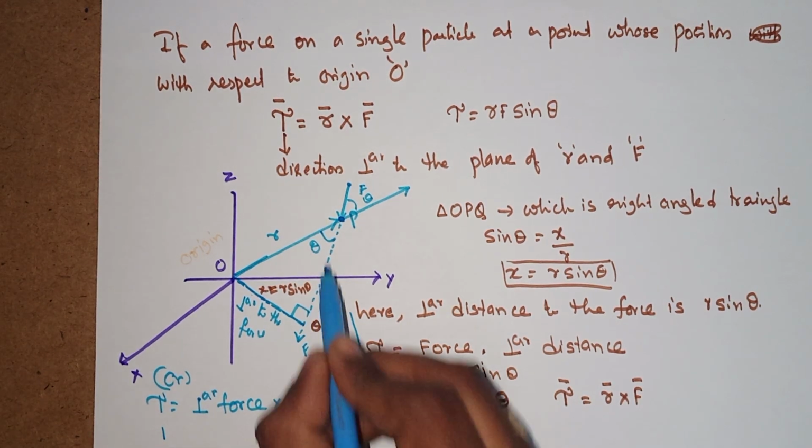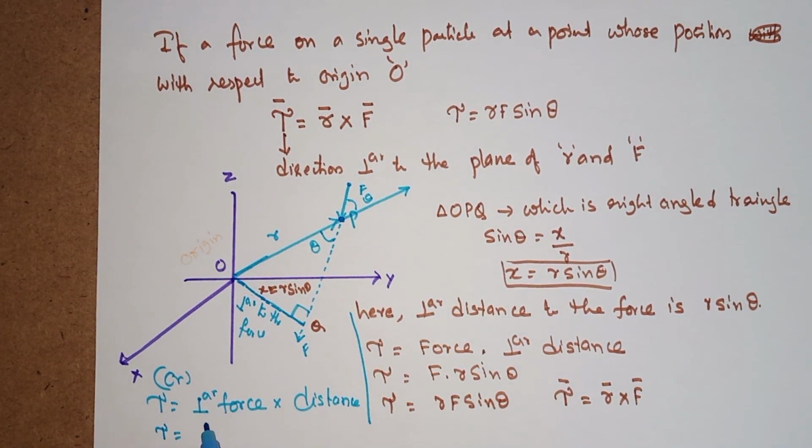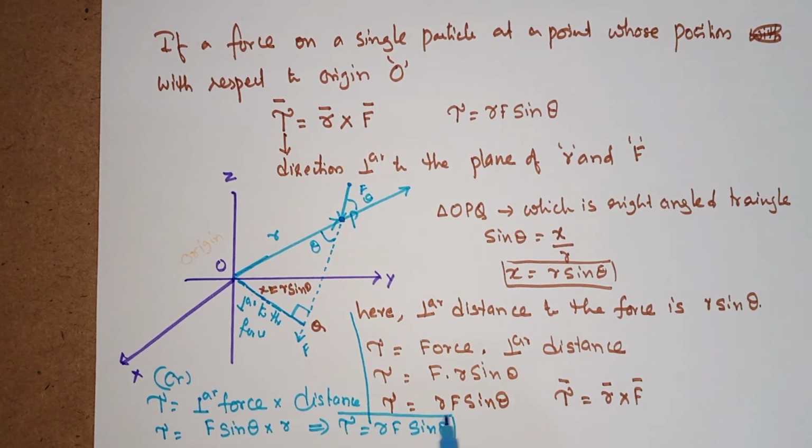Means if you observe it from this, the perpendicular force is f sin theta into r. Again tau is equal to r f sin theta. In any way, the torque.